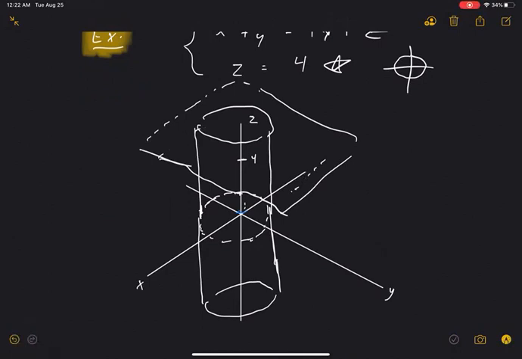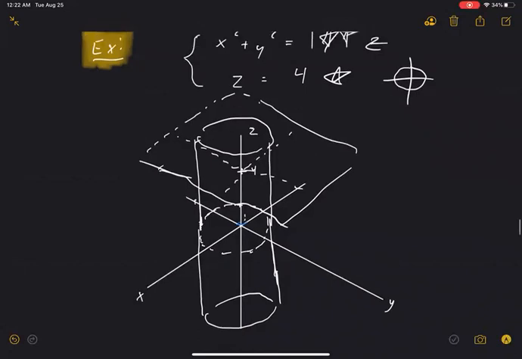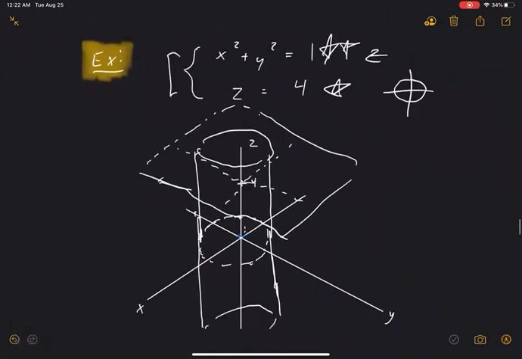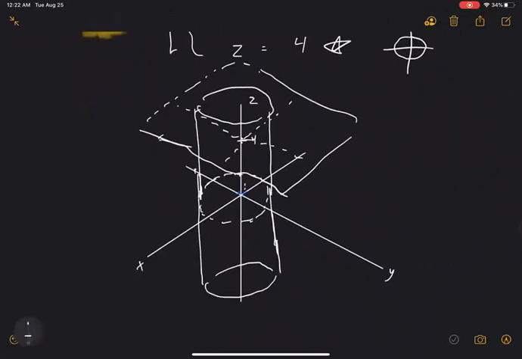So I have this plane at z equals 4. And that z equals 4 kind of takes a slice out of my cylinder. My surface is just where both these equations hold, right? So that is a very narrow intersection.